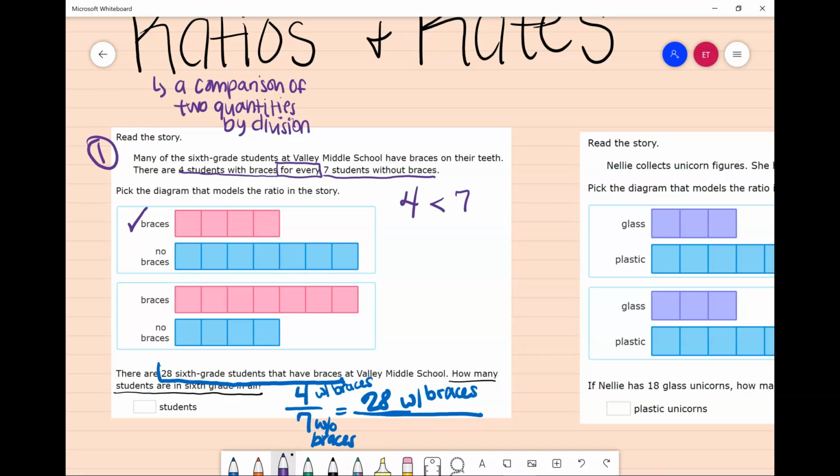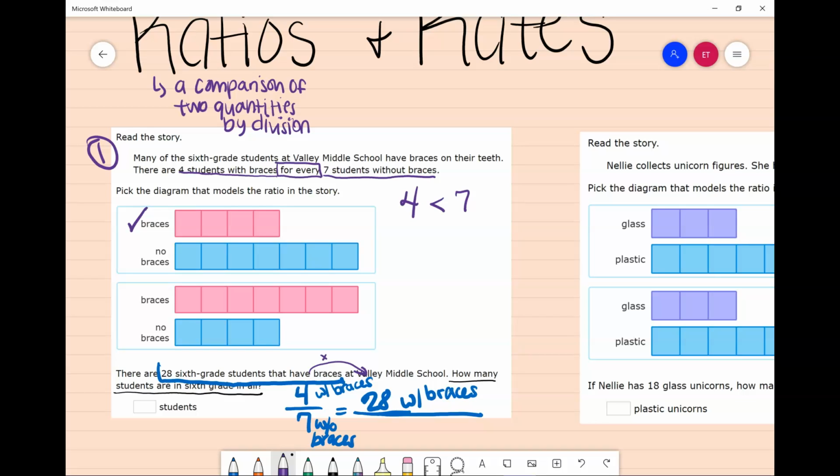Now what I need to do is try to find a relationship. I have a multiplication chart that I will upload for you. You need to know your multiplication facts. 4 times 7 is 28, and because I'm going from a small number to a large number, I'm going to be multiplying.